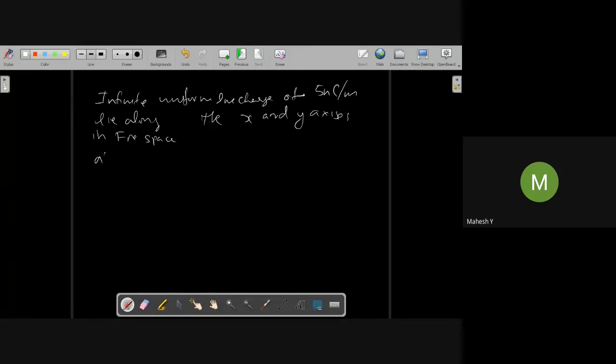Question A: find the electric field intensity at point P (0, 0, 4).